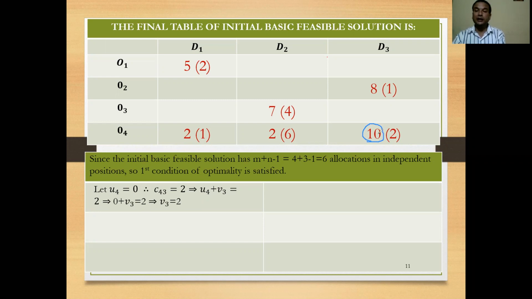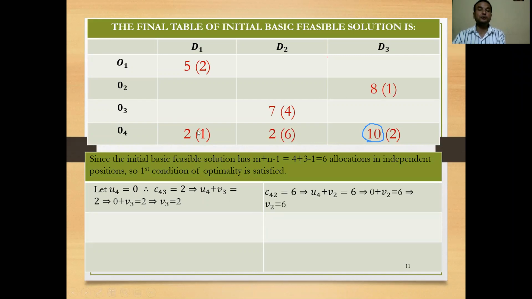For this we use the values written in parentheses. So this 2 will come here. We do not consider this 10. It means outside the bracket these values are not considered, but inside the bracket these values are considered. So we have got U4 equals 0, V3 equals 2. Similarly, we work out the other values.